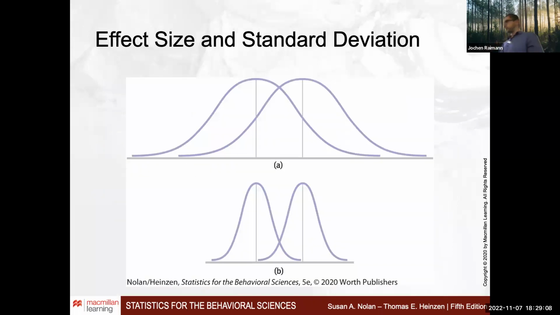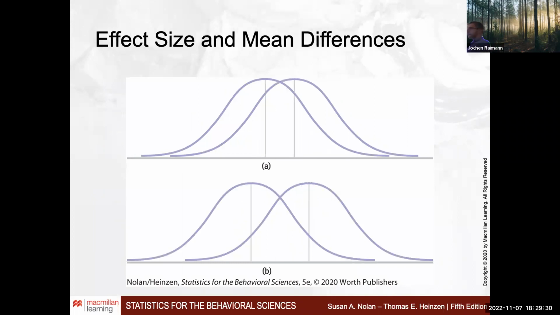So the more the populations overlap, the more likely the null hypothesis will be true, right? If the differences are further apart, less overlap between the populations will result in a greater probability of the null hypothesis being rejected. You can do this either by increasing the differences.